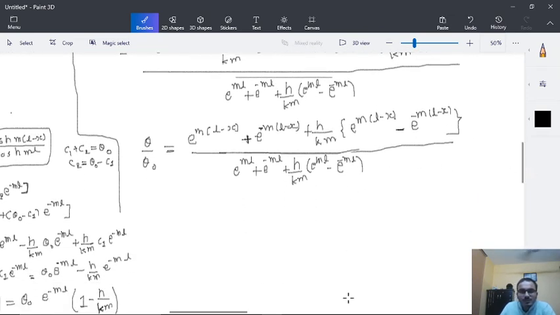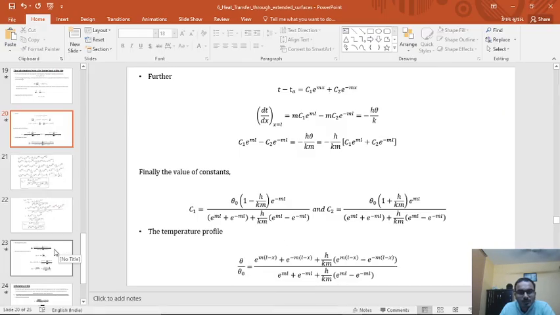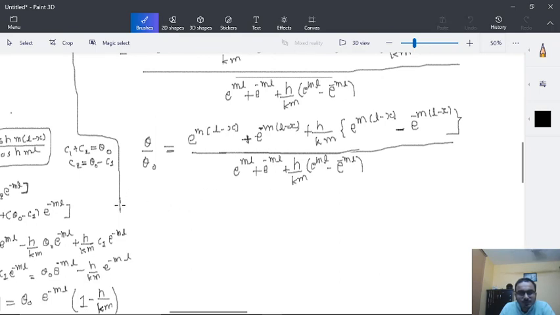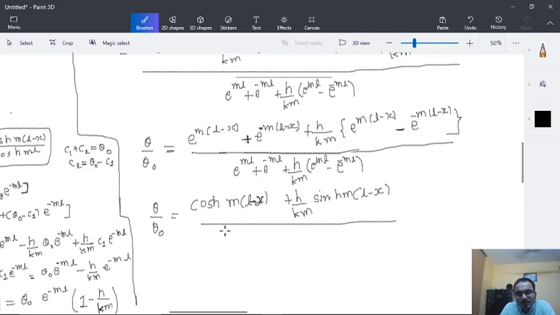And after that, the first term will be theta upon theta 0 is equal to cosh m(L minus x) plus h by km sinh m(L minus x), divided by cosh mL plus h by km sinh mL.